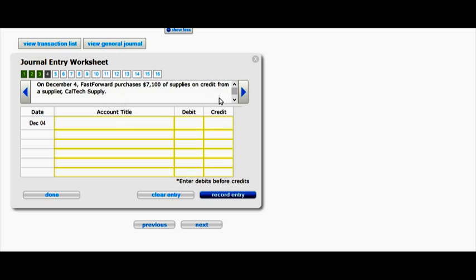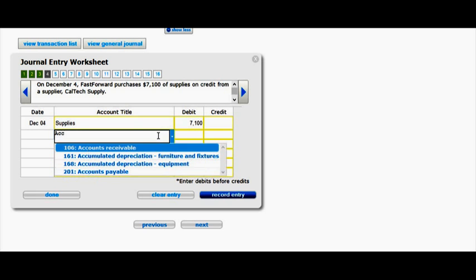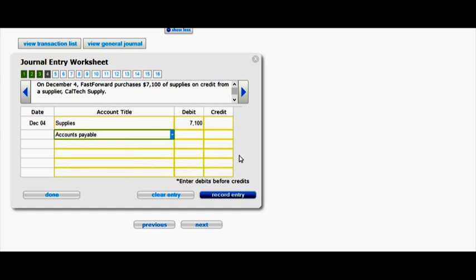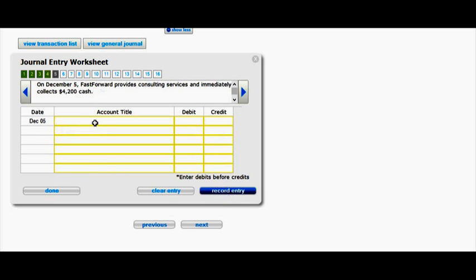Since they're buying the stuff and they will pay for it later, it will be accounts payable. The first thing we'll do is the debit, which is supplies, because supplies are increasing. And the liability will be accounts payable, $7,100, also increasing. Record your entry.